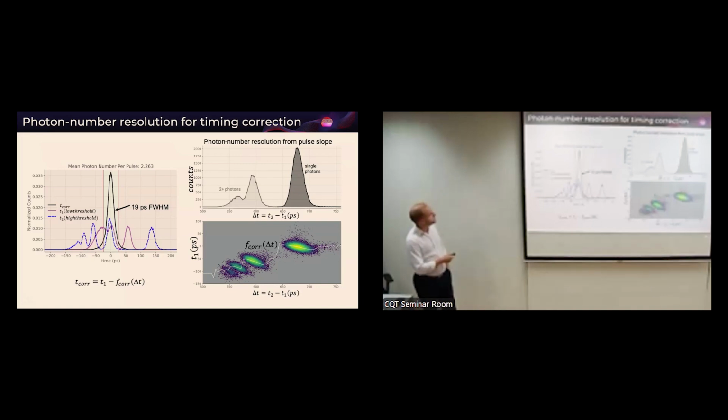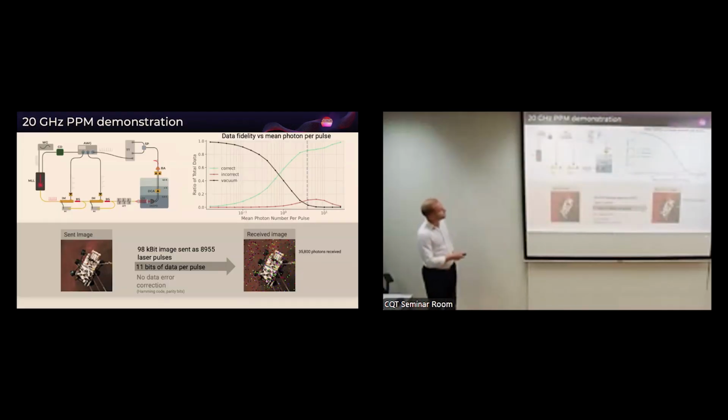So you can see that if you don't use these rising edge corrections, you get a really ugly set of histograms, which would be fine for a 500 picosecond slot. But if you want to do 50 picoseconds, you really have to take care of this photon number distribution on the detector. And the PhD student at the time managed to demonstrate this and run it at 20 gigasamples per second with good error correctable rates.